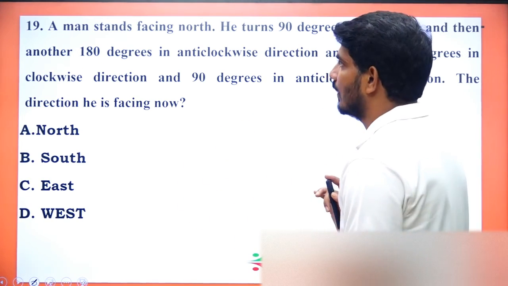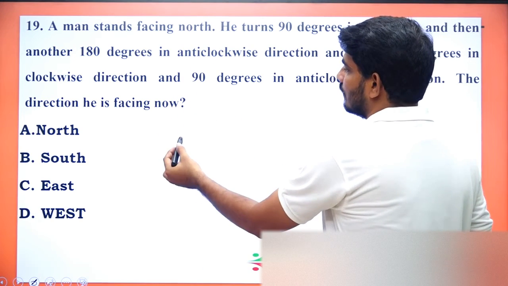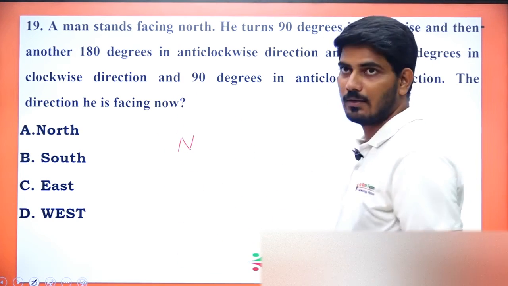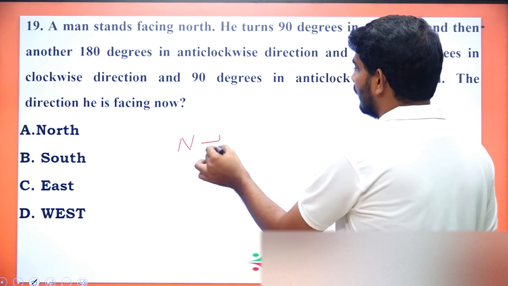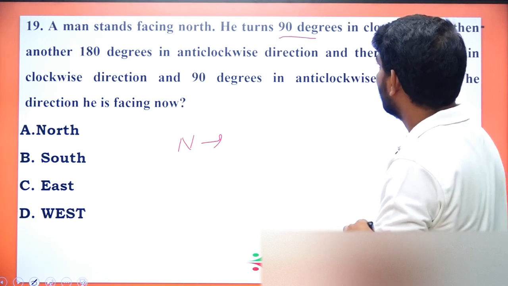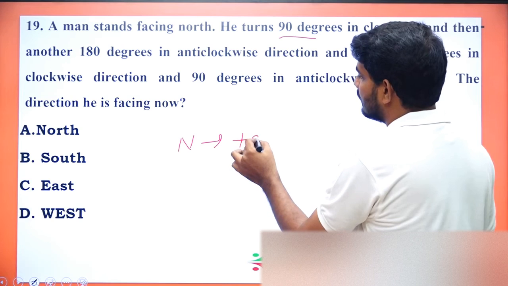So try to analyze this problem here. A man stands facing north, so he is initially facing the north direction. After that, he turns plus 90 degrees, then minus 180 degrees, then plus 270 degrees, then minus 90 degrees.